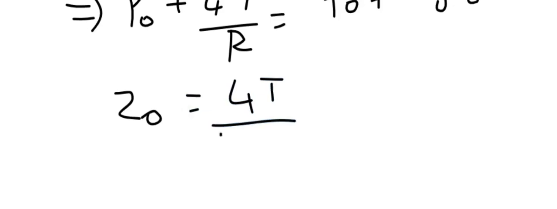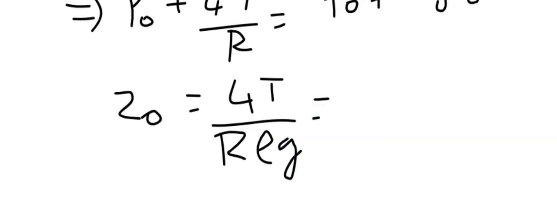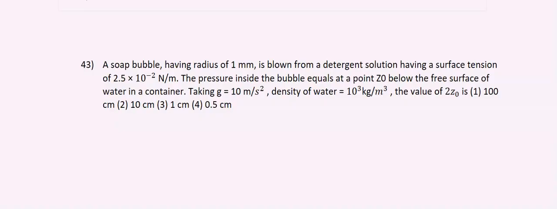So from this, we can see that P0 gets cancelled, so you get rho g Z0 is equal to 4T by R, or Z0 is equal to 4T by R rho g. Now we know the values: T is given, the radius is given as 1 millimeter, density is also given as 10 to the power of 3, and g is 10.